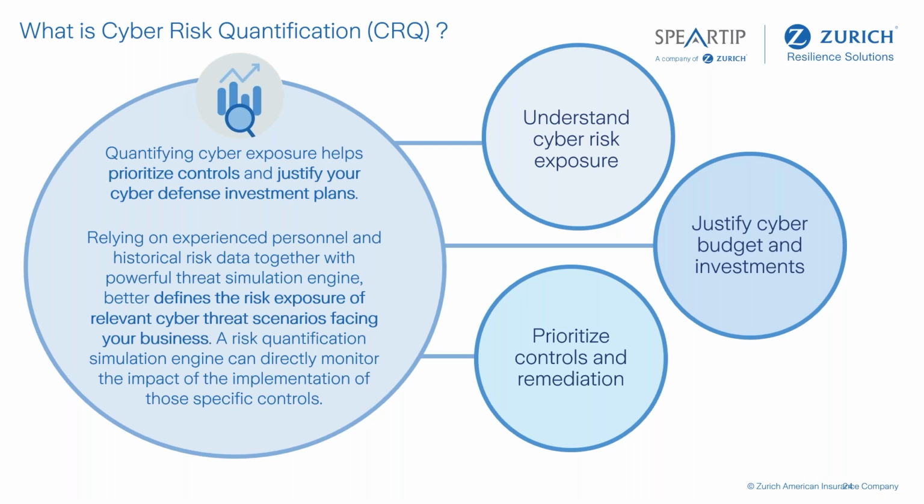What it means is it helps you understand your cyber risk, justify your budget, and prioritize your controls, because it takes all of that cyber speak and puts it into business terms, puts it into dollars, and now suddenly you speak a business language and not a cyber language.